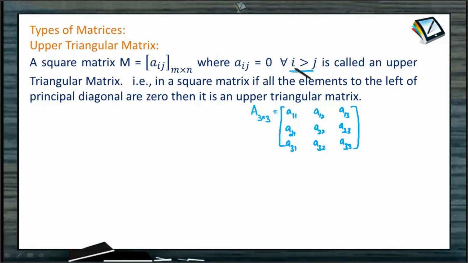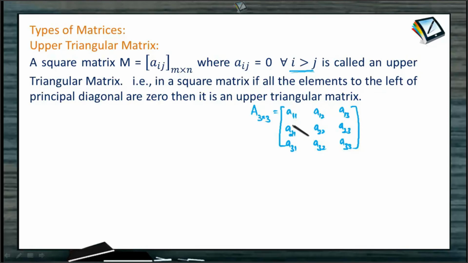Now in this, whenever i is greater than j, that means whenever the row number is more than the column number. A11, no, here the row number and the column number are equal. A12, no, because here the row number is smaller than the column number 2. Similarly, A13 also, the row number is 1 which is less than the column number.